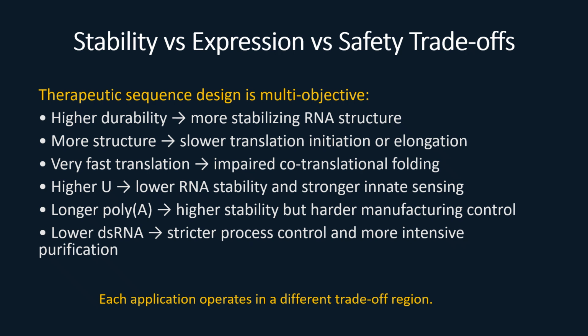And we know that poly A tails improve stability, but longer tails become harder to manufacture consistently. And double-stranded RNA is the classic process trade-off.